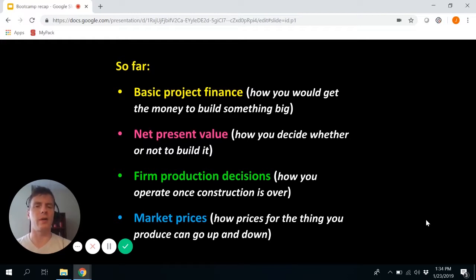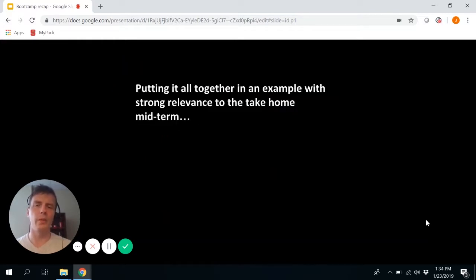And we talked about how that relates to the cost structure of the production process, in particular the marginal cost, as well as prices. But we didn't explore how prices were determined until the latest lecture last time, when we talked about supply and demand and market equilibrium. So what we want to do today is to pull all of this together in an example with strong relevance to the take-home midterm exam.